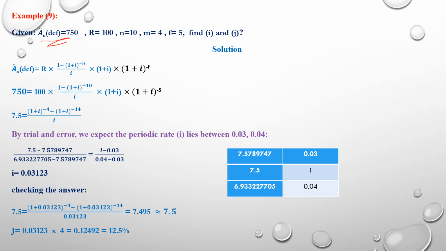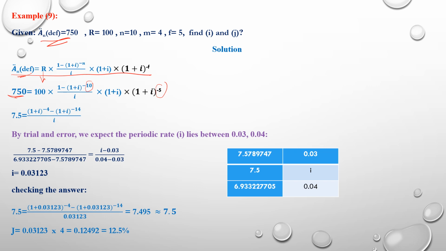By substituting in the formula of the deferred annuity due, which equals R times (1 minus (1 plus i) to the power of minus n) over i, times (1 plus i), times (1 plus i) to the power of minus f. By substituting the present value of the annuity due, which is 750, and also the value of R equals 100, the value of n equals 10, the value of f equals 5.